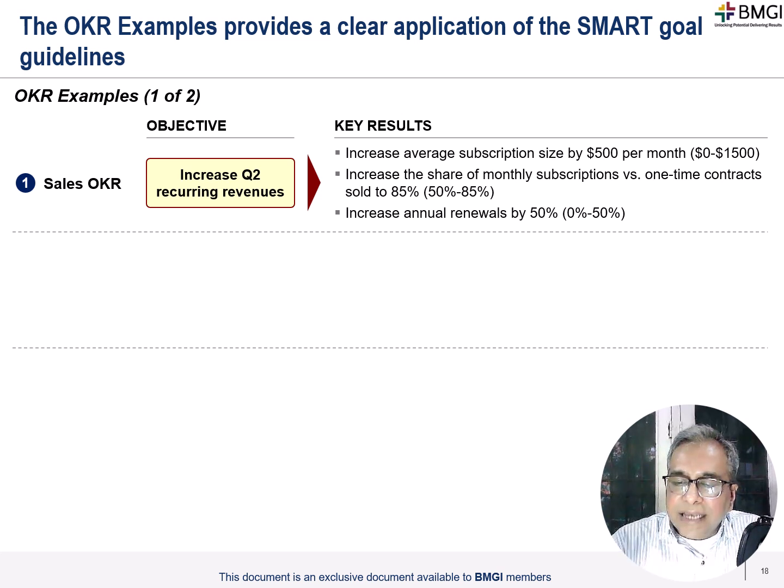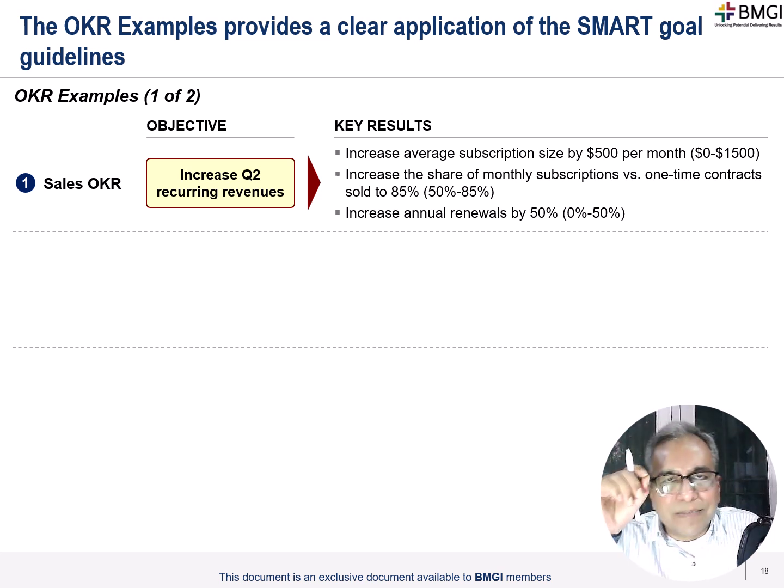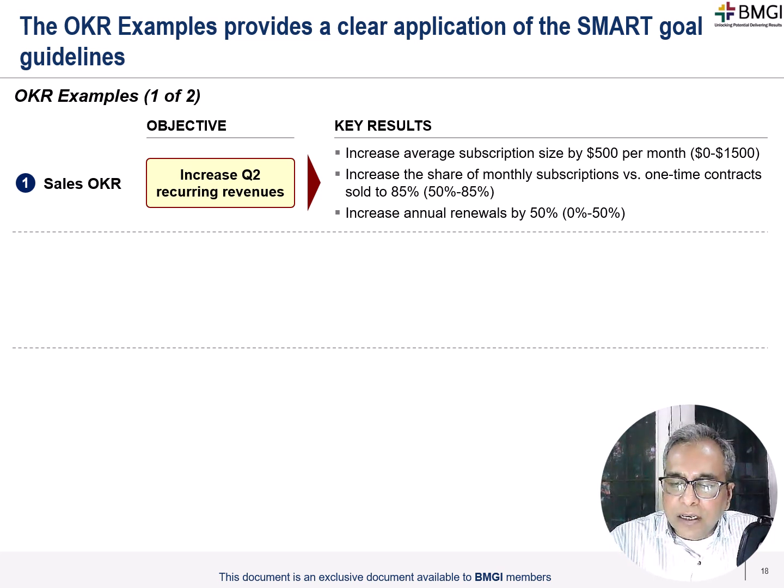We increase size by $500 per month. We increase share of monthly subscription versus one-time contracts. Very, very specific. These are the SMART goals that we are talking about here, right? In that first quarter, we are looking at very, very specific results. Annual renewals, or monthly subscriptions, and average subscription per size. Now, this is how this connection works, really, right?